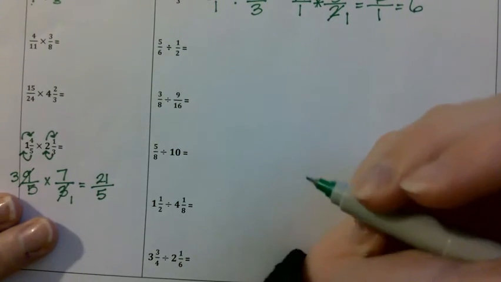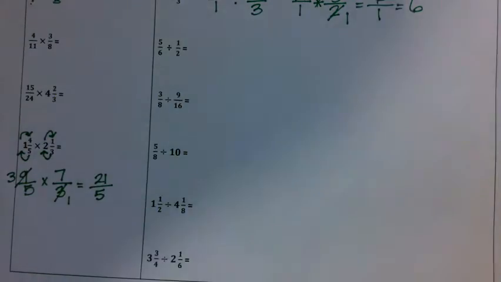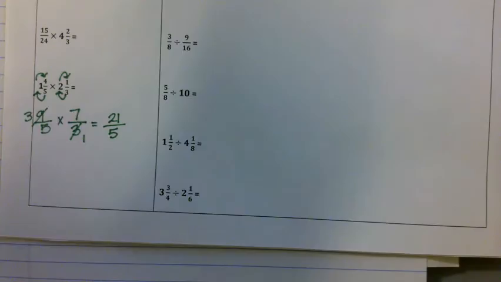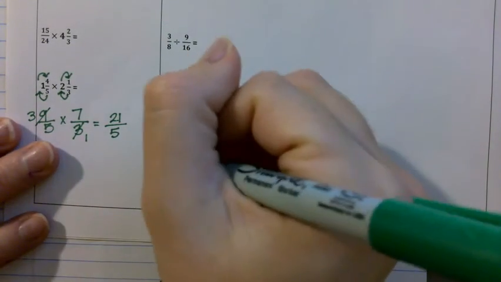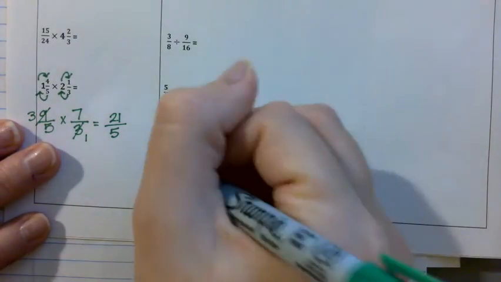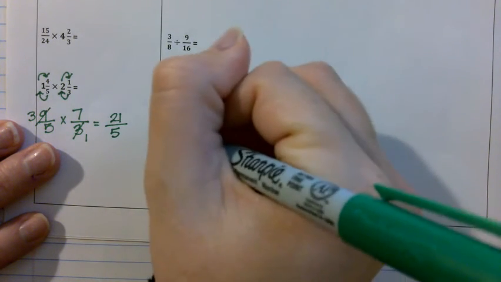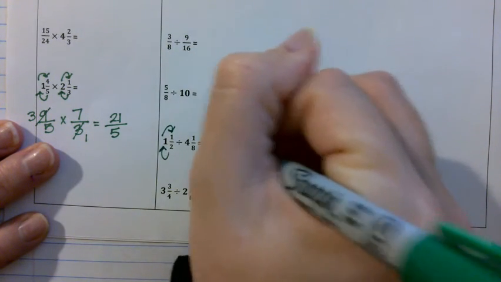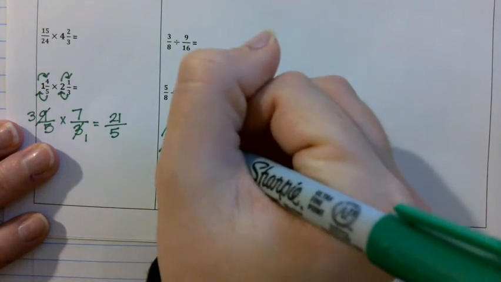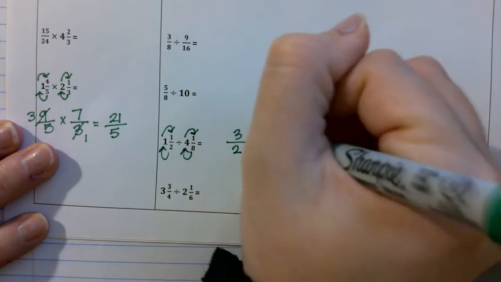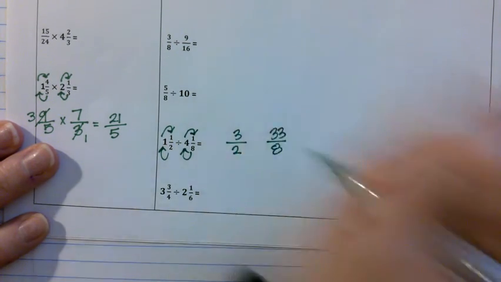Alrighty. So as we scroll down here a little bit, I'm going to do one more example with a mixed number. So again, there's a couple steps here. You want to change them into improper fractions first. 2 times 1 plus 1 is 3. Keep the denominator. 8 times 4 is 32, plus 1 is 33. Keep the denominator.